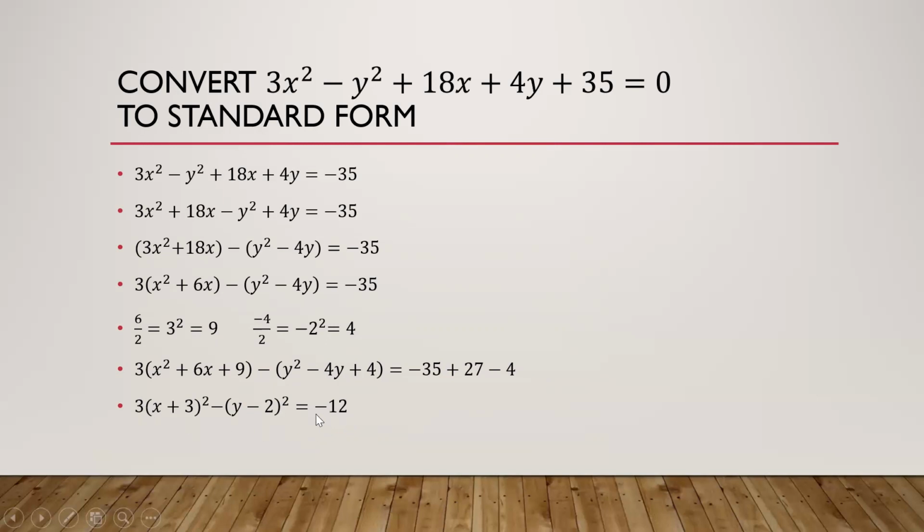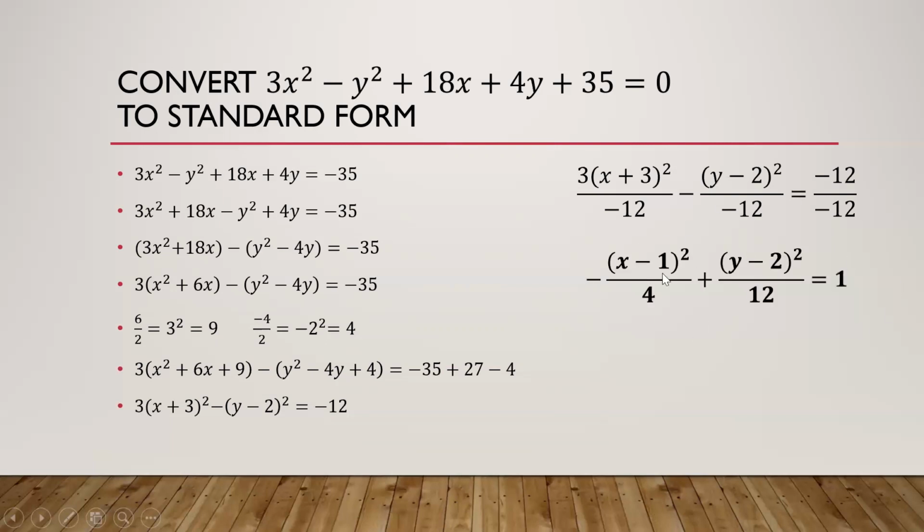When we're at this point now, we simply have to divide the equation by the constant, which is -12. So we divide -12 by -12. We divide 3 parenthesis x plus 3 parenthesis squared by -12 and so on. If we do that, we get this answer.